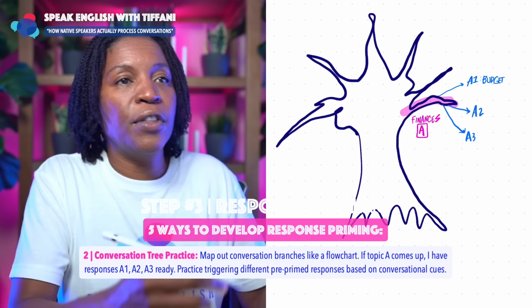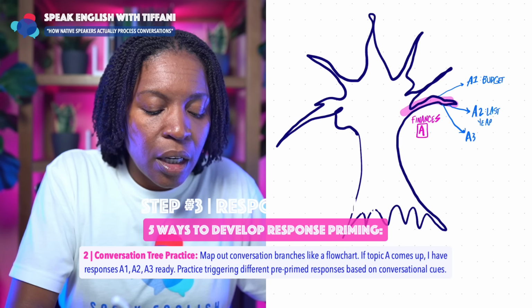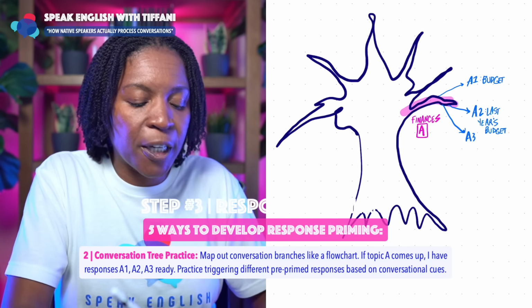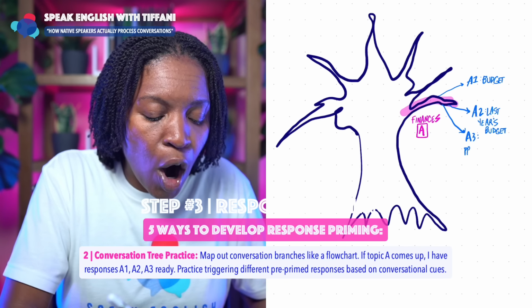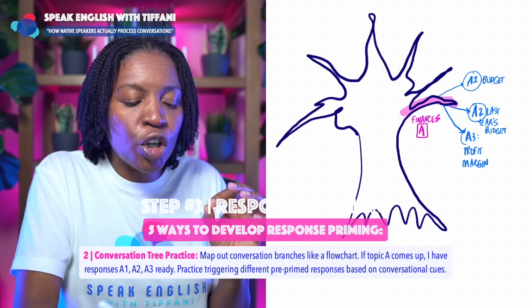Or if the topic is about finances in a different area, maybe you're going to talk about last year's budget, right? Or maybe you say, okay, well, if it's not this year's budget, it's not last year's budget, maybe we're going to be speaking about how to improve our profit margin. So again, I'm just guessing ahead of time, but there are 3 different potential responses.